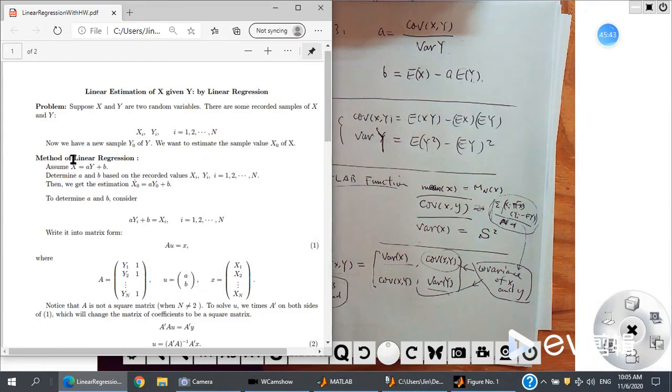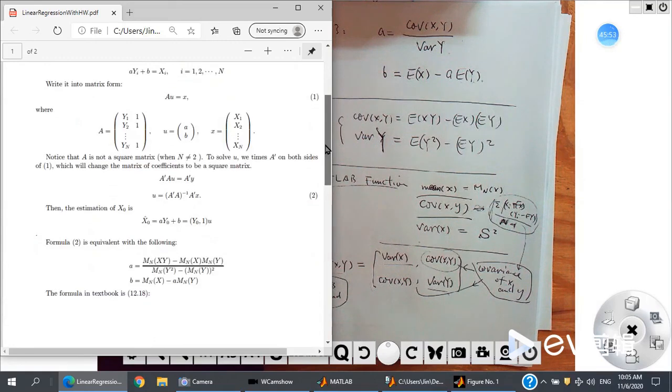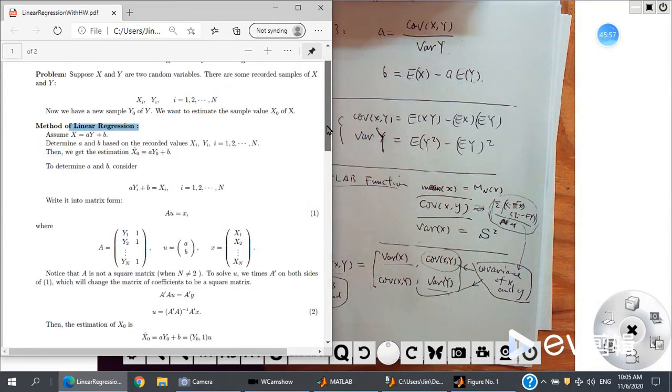If you are interested, you can search online for linear regression. You can find a lot more information than here. But the main point is just this part. And this is used in a lot of applications, where you have one observation and you want to know another value, right?